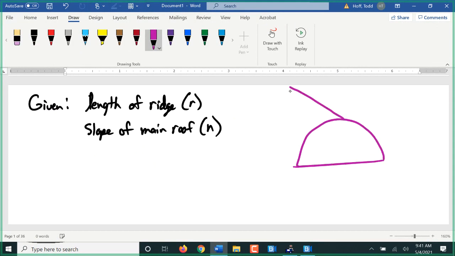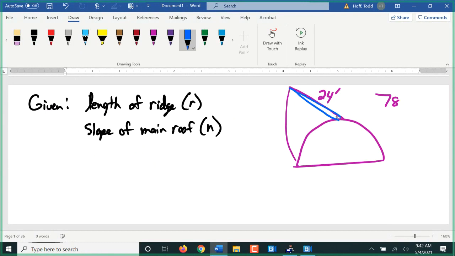There's our circle for our dormer. So let's say that I tell you that this is 24 feet here. And the slope of my main roof, let's go 8/12 slope. So what this is going to tell us, we can actually find the radius of the circle by looking at that ridge.